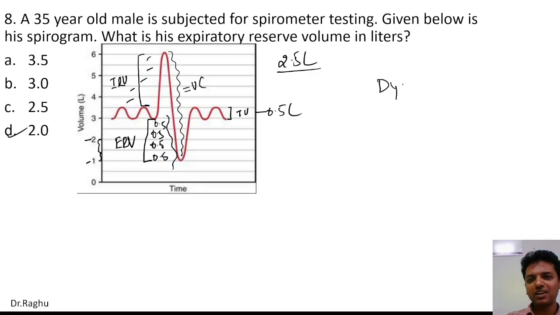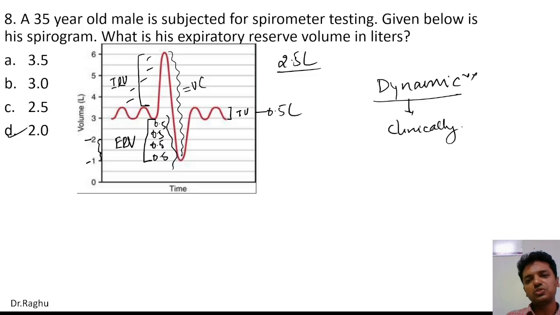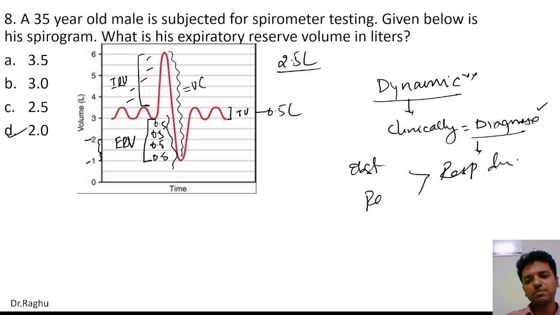The dynamic lung volumes and capacities are of paramount importance because these are the ones which are used clinically to identify or to diagnose so many respiratory disorders, and based on that the respiratory disorders are classified as obstructive respiratory disorders and restrictive respiratory disorders. So many clinical scenarios also we will see in the next class.